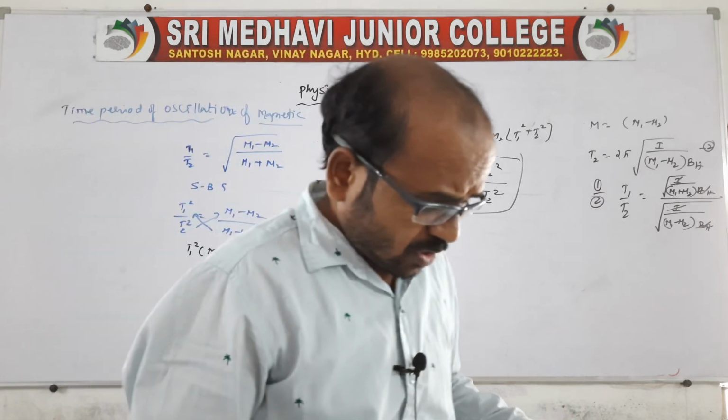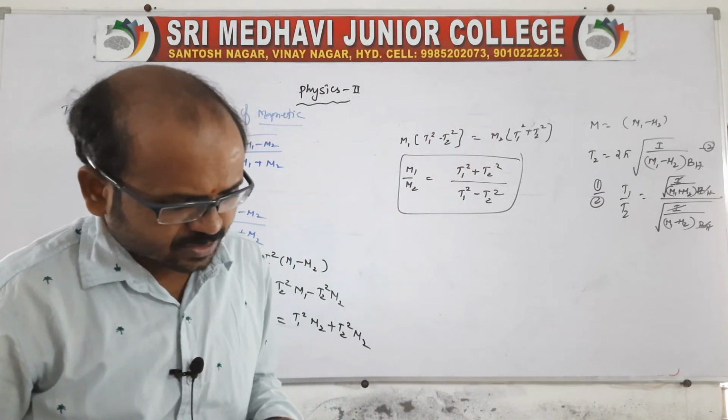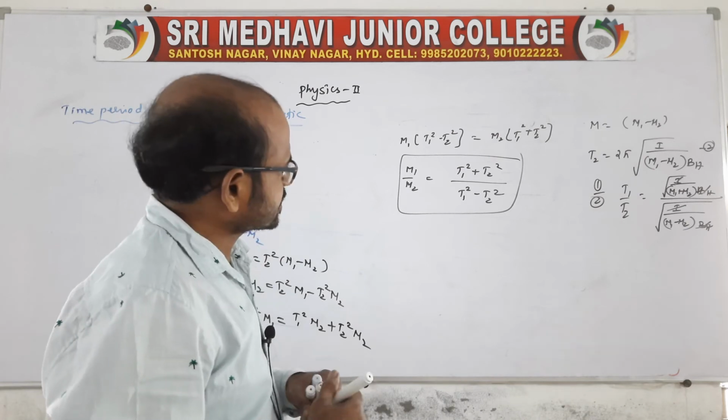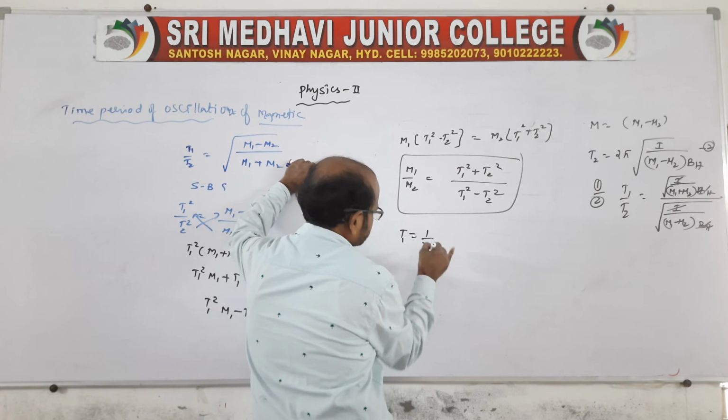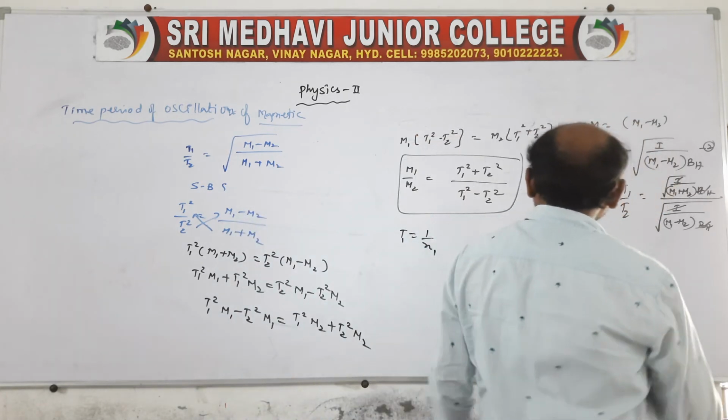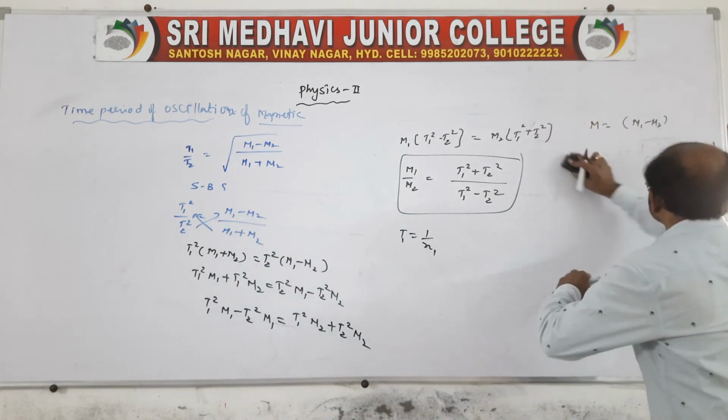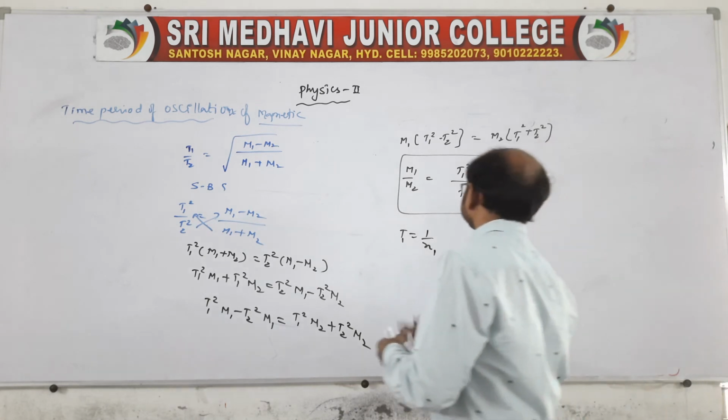Suppose now I want to say in terms of frequencies, so better write it in frequencies. We know time period is nothing but 1 by frequency, right? Write the values and get it in terms of frequencies.